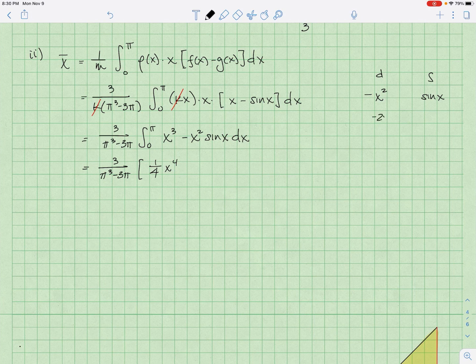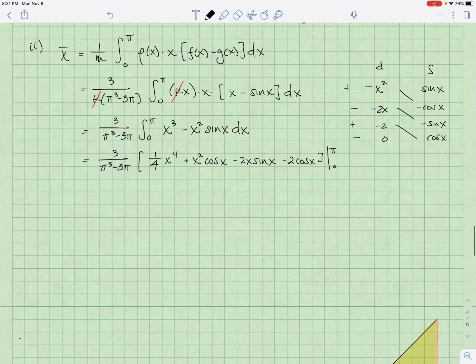Negative 2x, negative 2, 0, negative cosine, negative sine, cosine, plus, minus, diagonal, diagonal, diagonal. And this is going to be a plus an x squared cosine x minus 2x sine x minus 2 cosine x, all evaluated between 0 and pi.